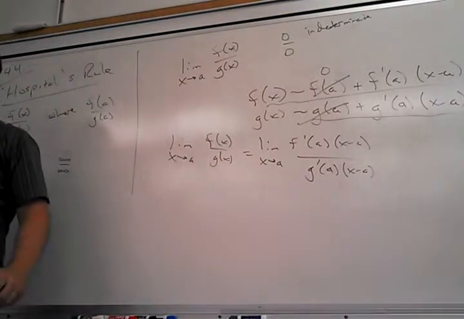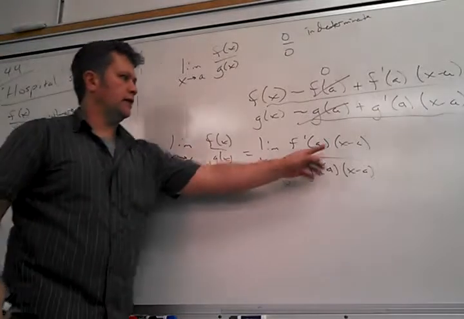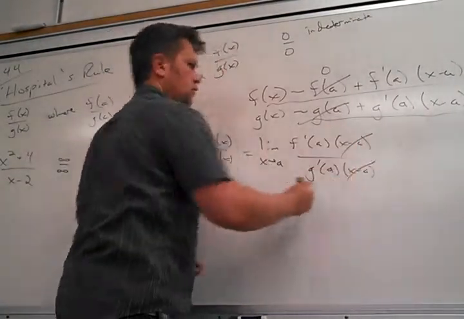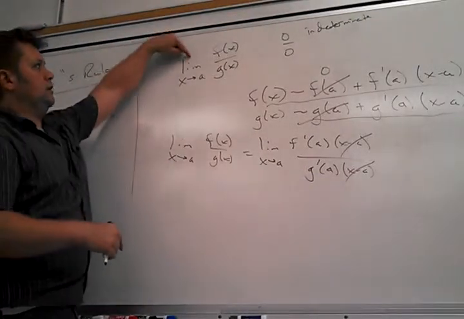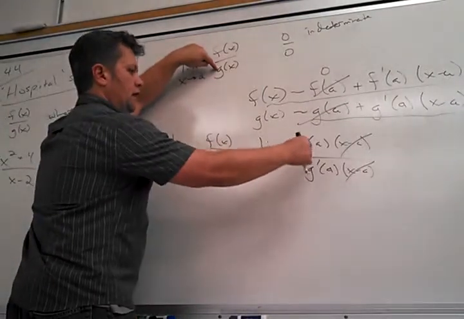You with me? And of course what happens there that's really nice? I can't plug A into x because it's 0 over 0, but these both go away. So this is basically saying the limit of f over g is the same thing as the limit of f prime over g prime.